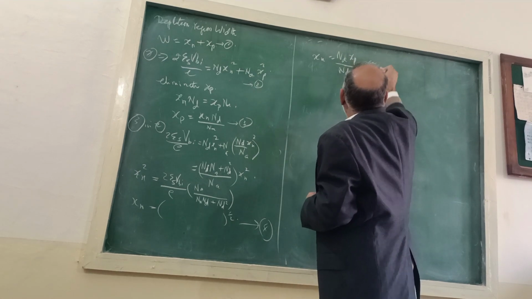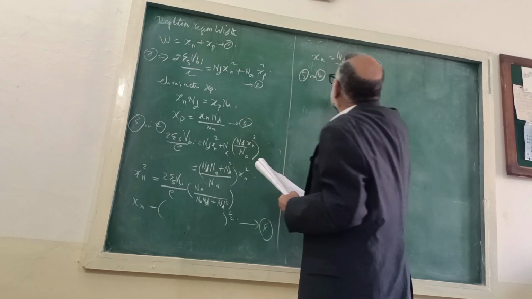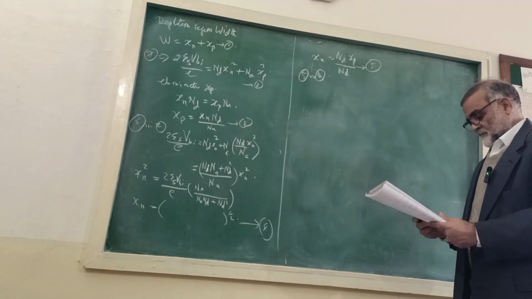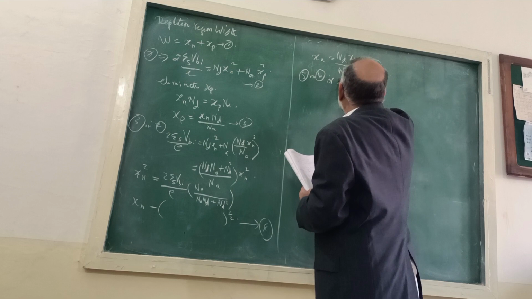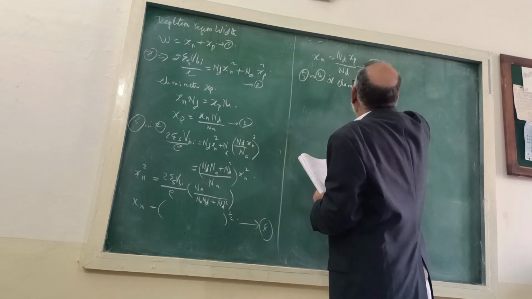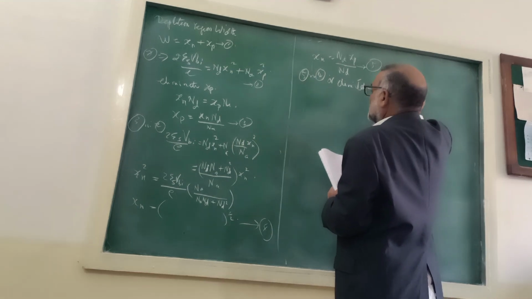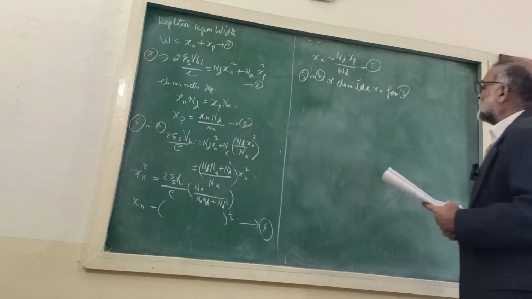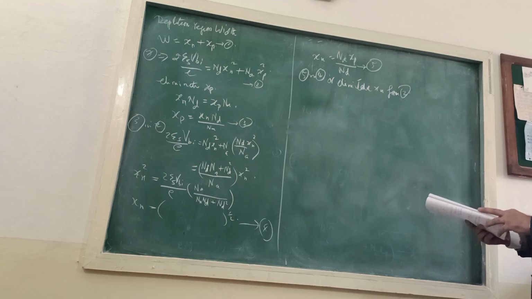That is equation 5. Put 5 in 4 to eliminate xn from equation 2, and you get the value of xp.